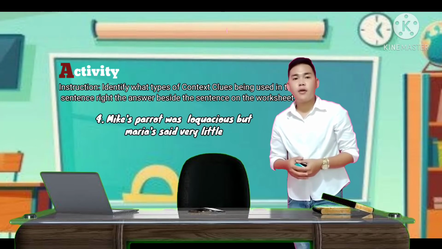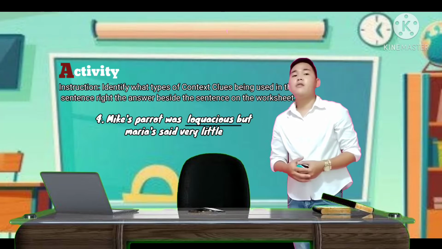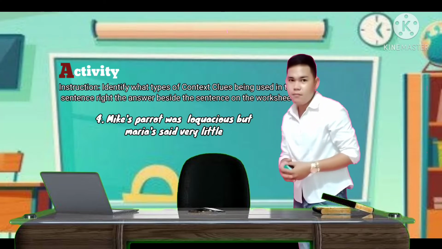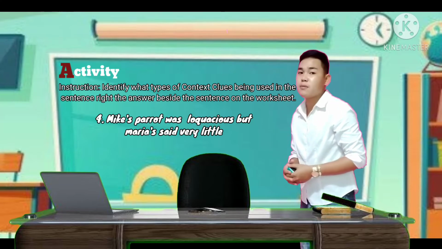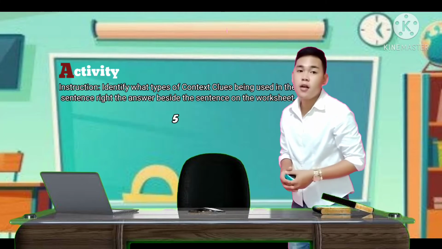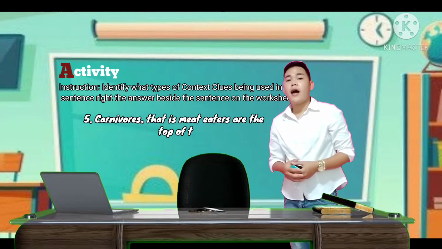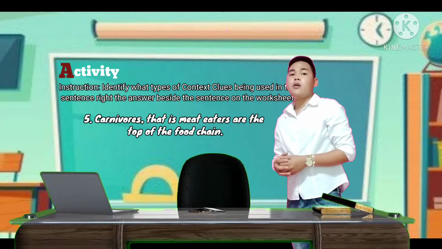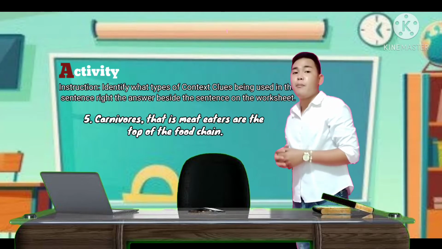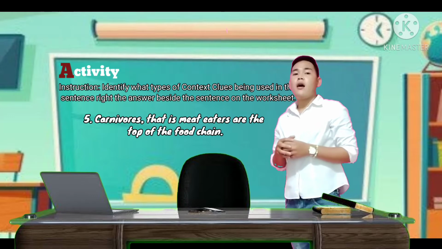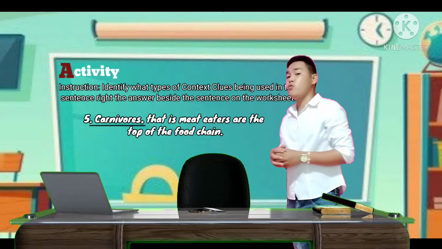So what do you think is loquacious? But Maria said very little. Mike's parrot was loquacious, but Maria said very little. Number 5, carnivores, that is, meat eaters at the top of the food chain. So carnivores, that is, meat eaters at the top of the food chain.